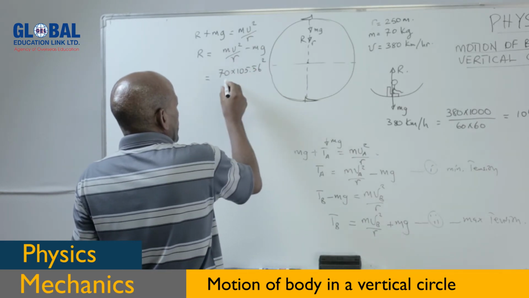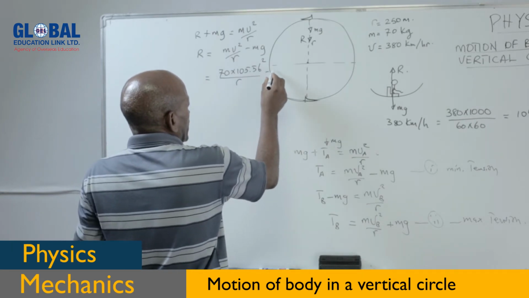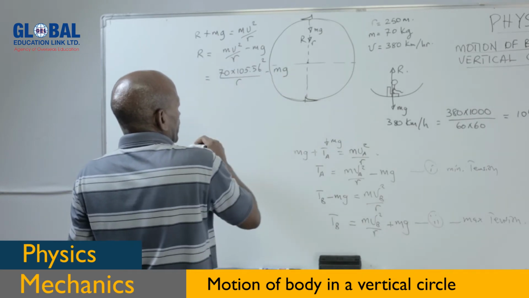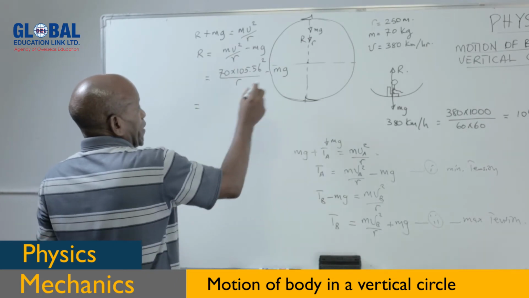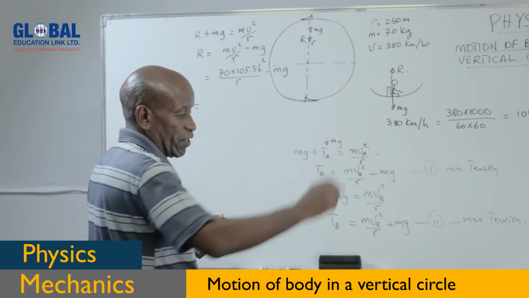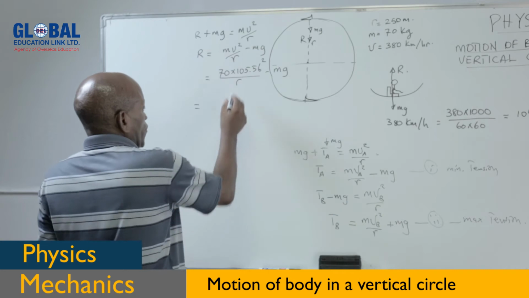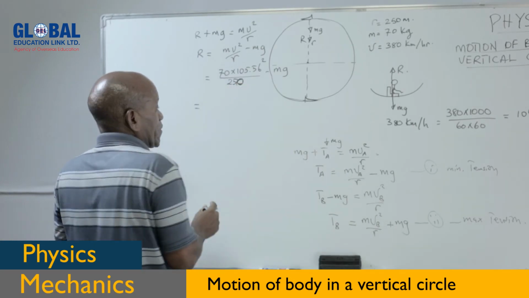So we square this over radius r, take this minus mg, and the radius is given: the loop has a radius of 250. So instead of r here, this is 250 meters.